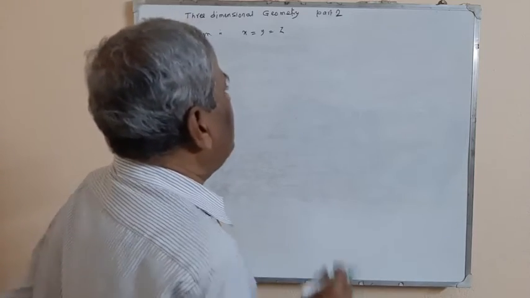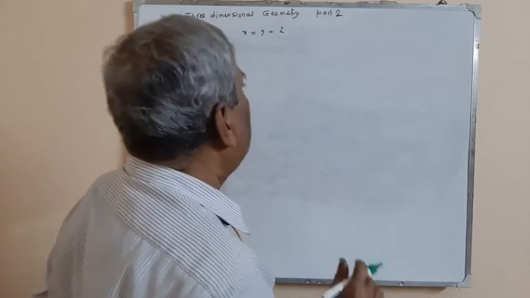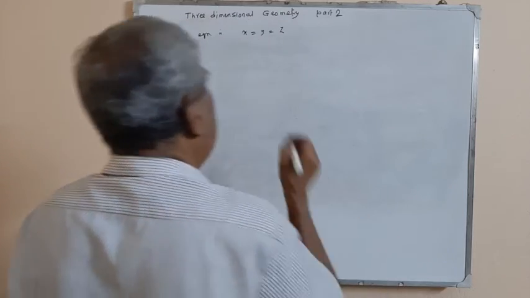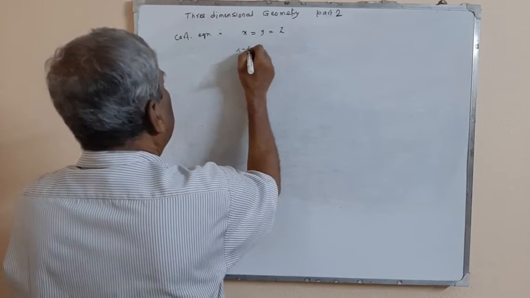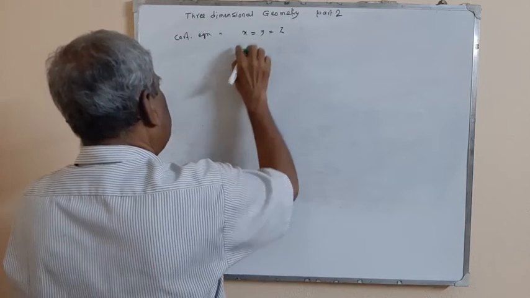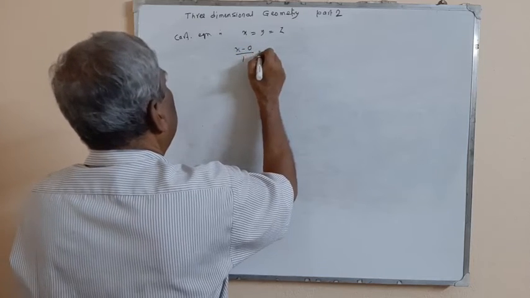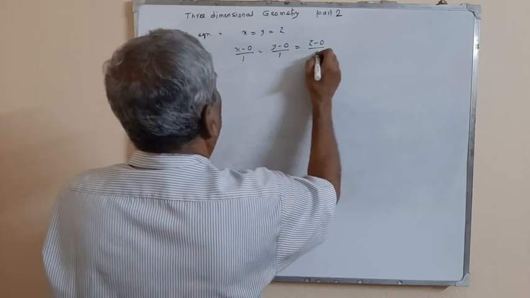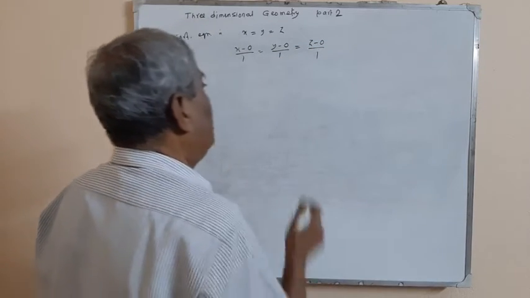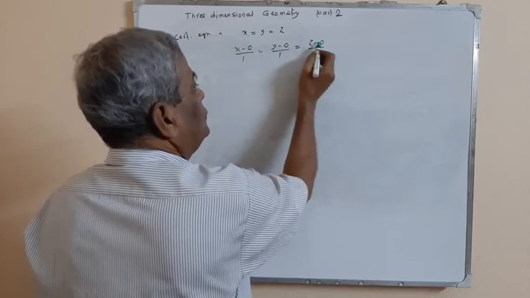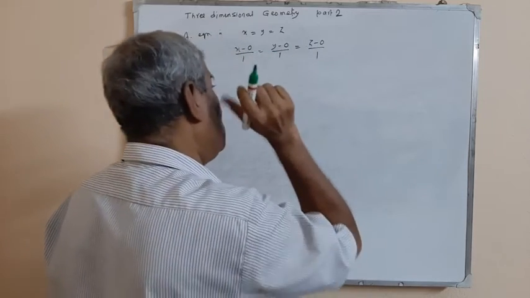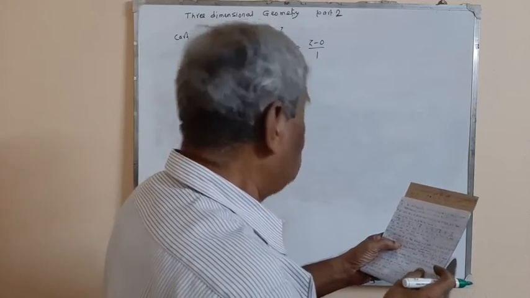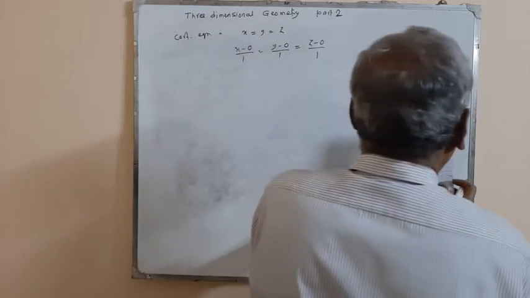This Cartesian equation can be taken to the symmetric form, which is x minus 0 by 1 is equal to y minus 0 by 1 is equal to z minus 0 by 1. It means the straight line passes through 0, 0, 0 and its direction ratio is 1, 1, 1. I have forgotten to give the options.